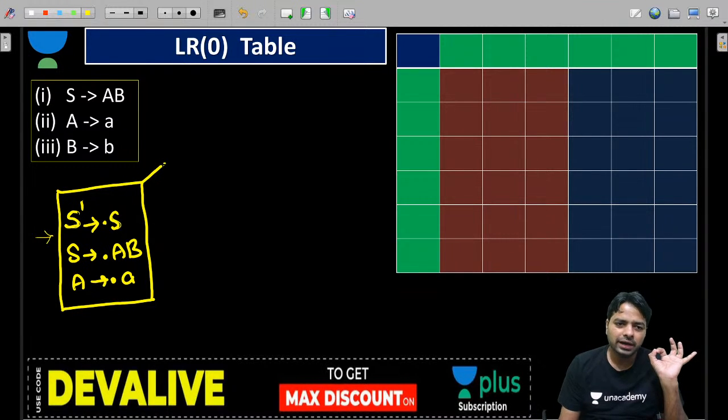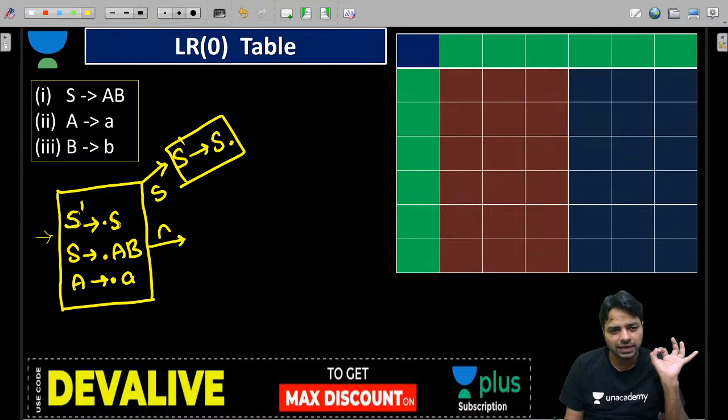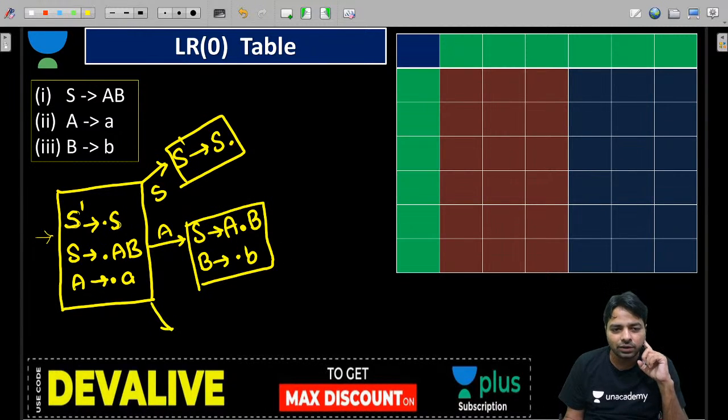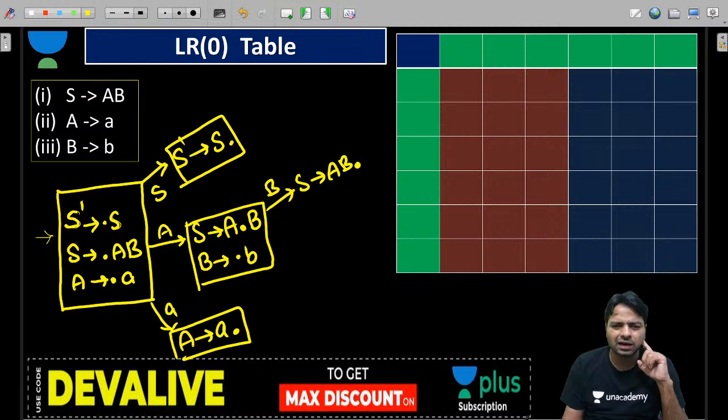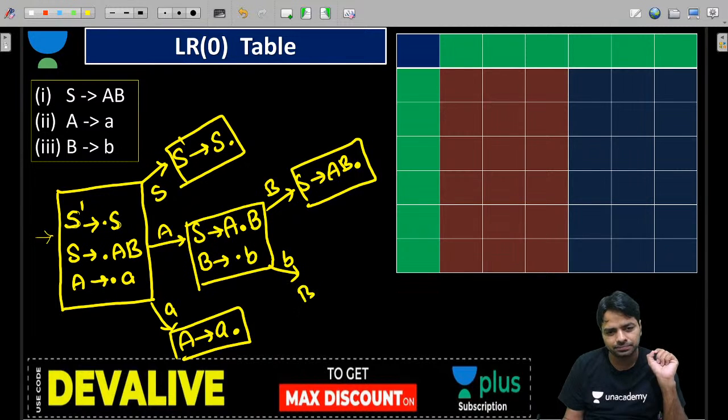And S→dot, and here capital A, so that you have S→A dot B. Now you have to take all the B productions, because B is there just after the dot. And for A you have to read A→A dot, and here you have to read capital B. We already have good practice in how to construct the diagram.